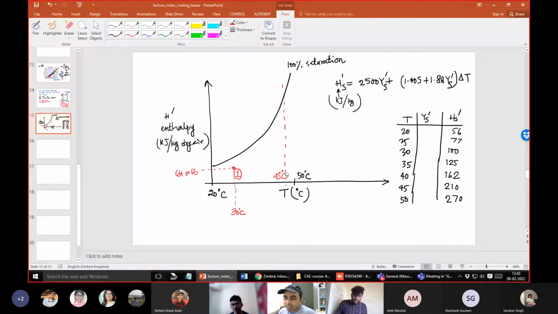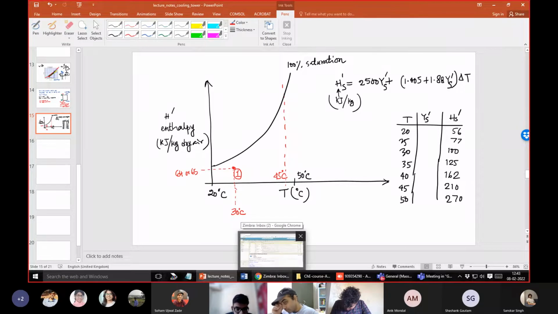Make a vertical line at 45 degrees centigrade. So on that line, there will be point 2, right? But we don't know where that point 2 is and how do we find out? How can we find out what point 2 should be? Anyone? In the last class, we discussed the guidelines. We draw a tangent at point 1 to the equilibrium curve.